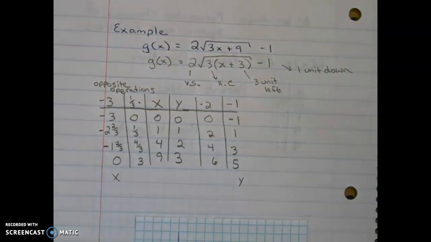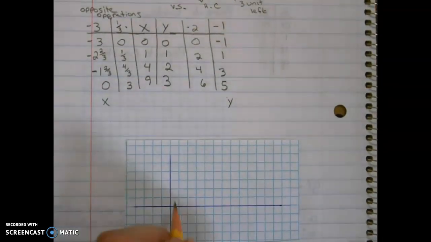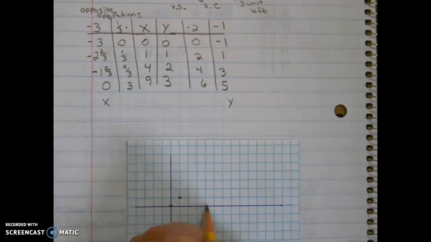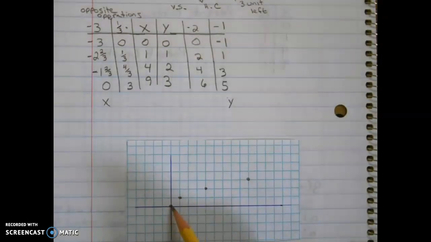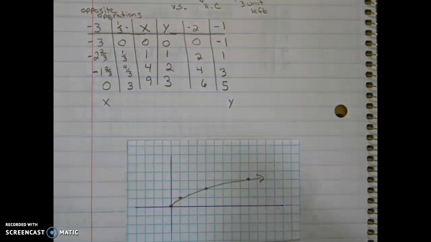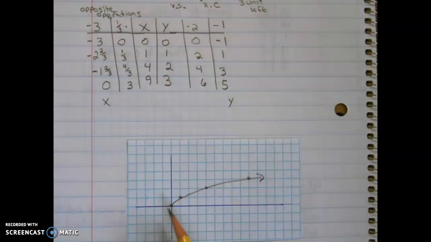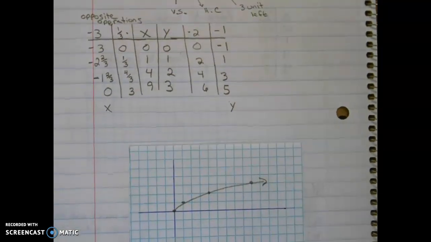So, on our graph, let's start by plotting our parent, 0, 0. There's our parent. Okay. Now you may want to use a different color, but you don't have to. You should be able to look at that and say, yep, that's the parent. Let's plot the new one.